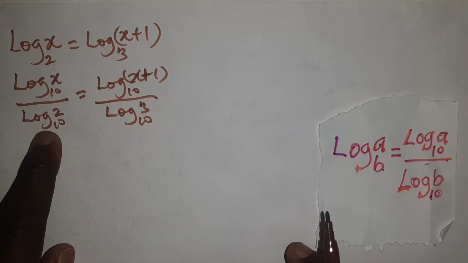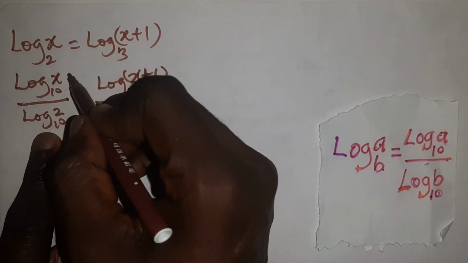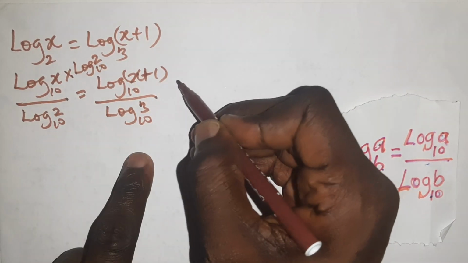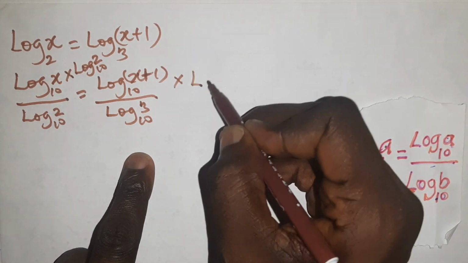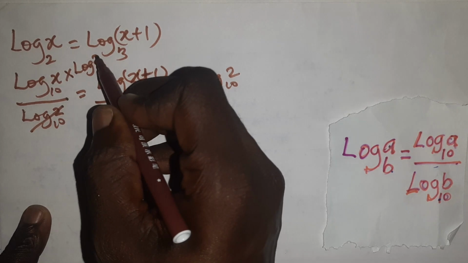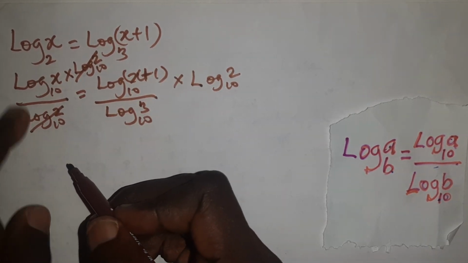We could multiply the left hand side and right hand side by log 2 base 10. Then log 2 base 10 cancels out, you have 1 remaining, and log x base 10 divided by 1 is still log x base 10.